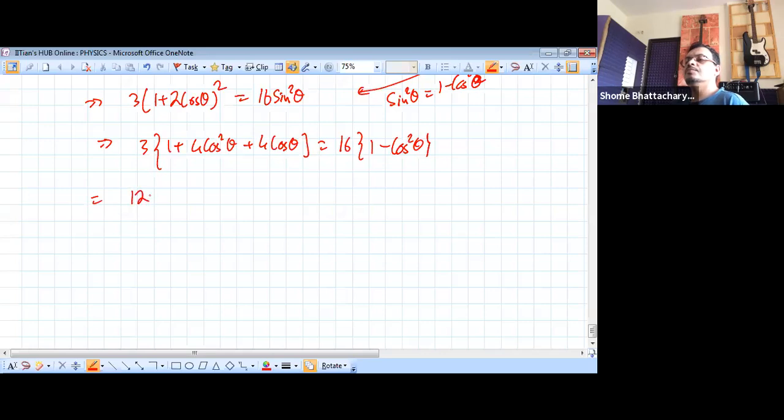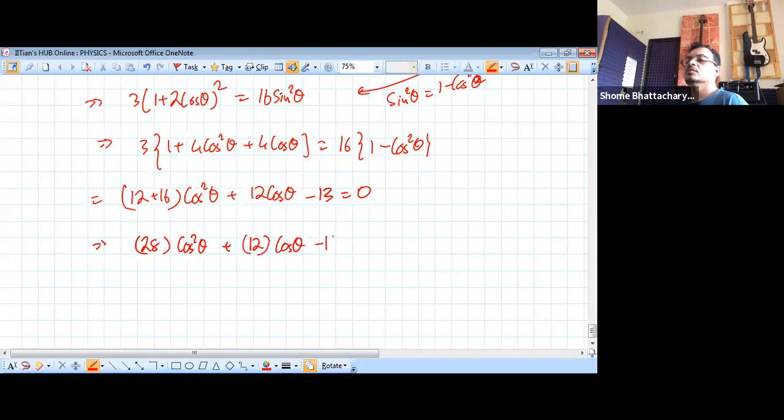So 12 cos square theta plus 16 cos square theta, plus 12 cos theta, plus 3 minus 16, which becomes minus 13. So 28 cos square theta plus 12 cos theta minus 13 is equal to 0.